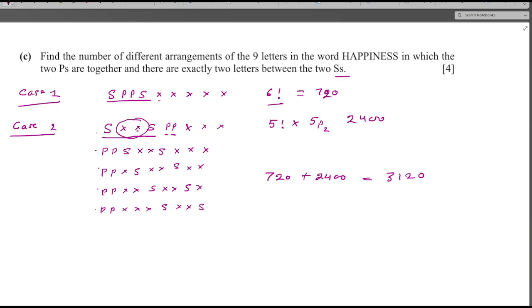Now they can be arranged in 5p2 ways, and like this I have 5 different positions where I can move this whole group. So that can be arranged themselves in 5 factorial ways. Therefore the total number of arrangements will be 5 factorial into 5p2, which is 2400. So total number of arrangements will be 720 plus 2400.